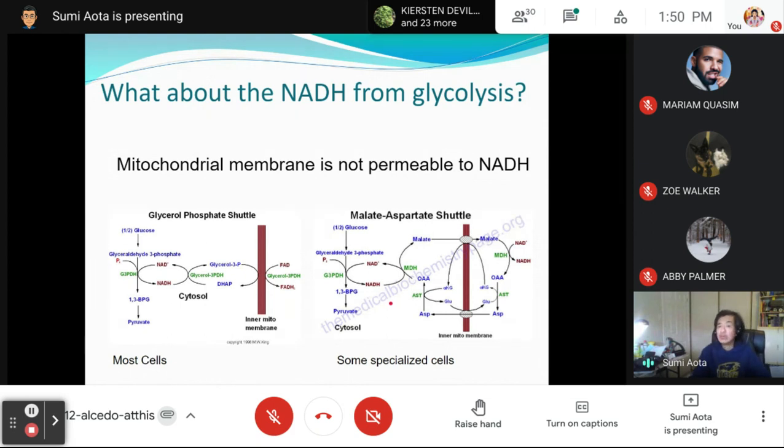They use a different method of getting NADH into the matrix, and they pass NADH from glycolysis to another NADH inside the mitochondrial matrix. So in heart cells and brain cells, the NADHs from glycolysis make 3 ATPs. So brain and heart make the maximum.